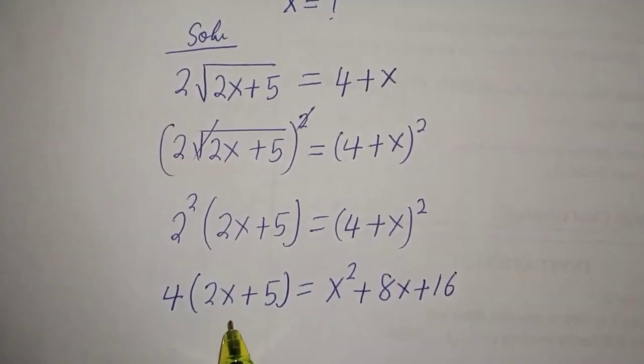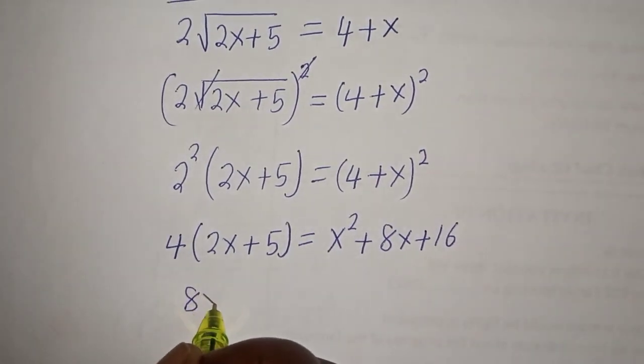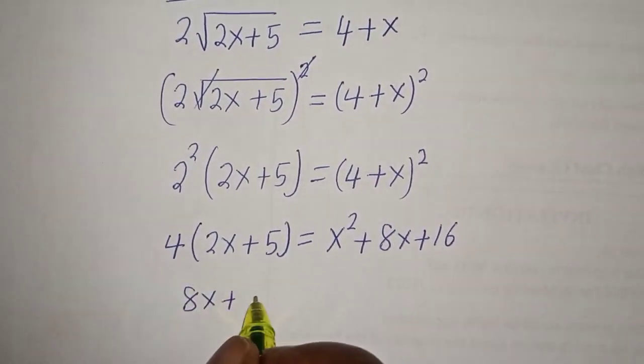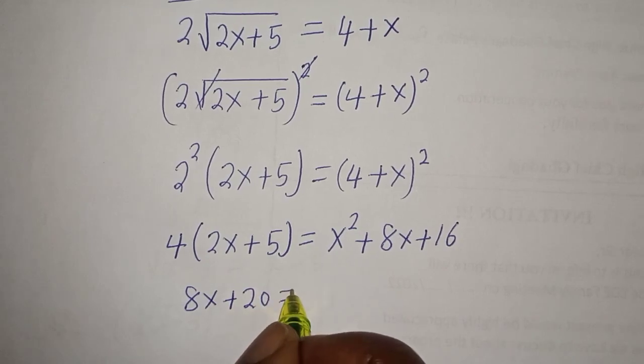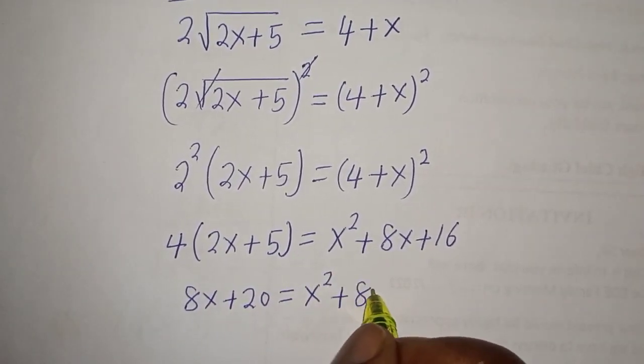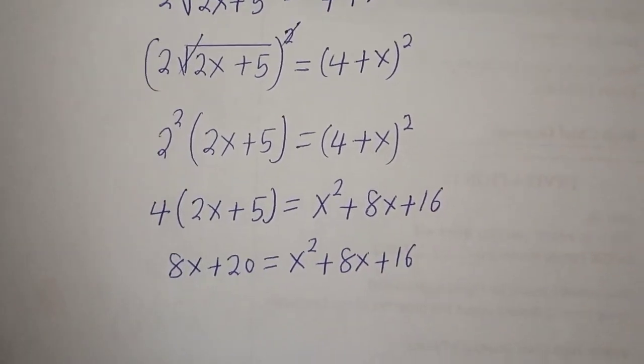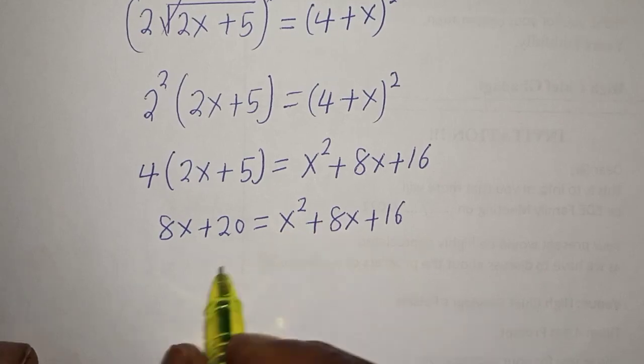Let's open this bracket. 4 times 2x, 8x, plus 4 times 5, 20, is equal to x squared plus 8x plus 16. Let's equate everything to 0.